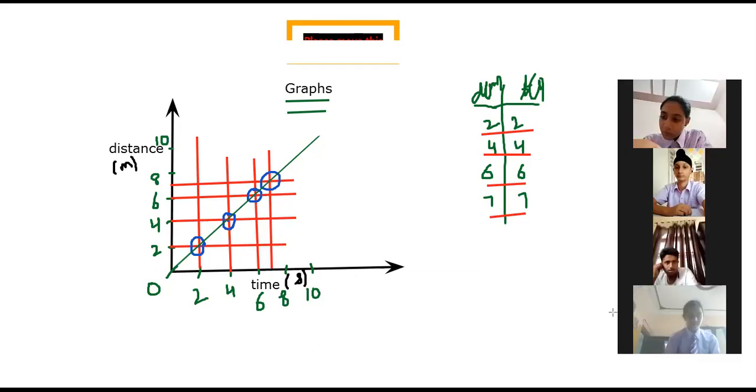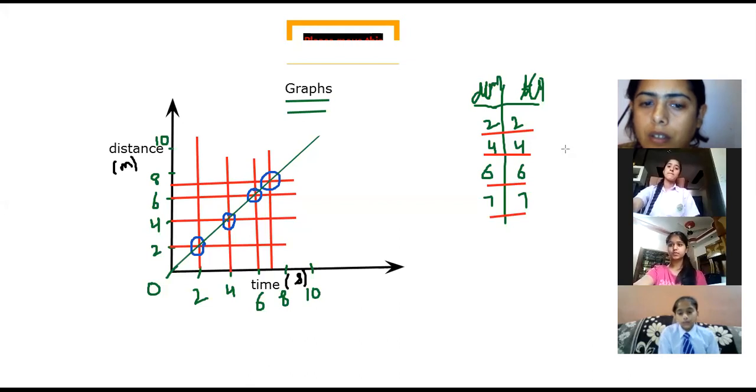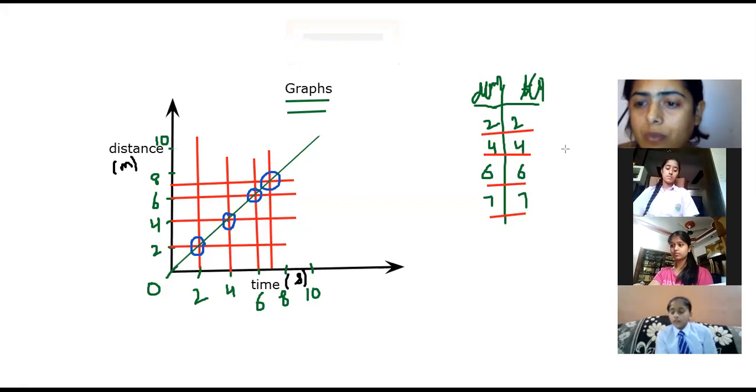Any doubt, anyone till here? Okay. So from this graph, we concluded that if we get a straight line, that is the uniform motion. If we get some line other than straight one, like a curved one, that will be the non-uniform motion. Now please make a note, write down.